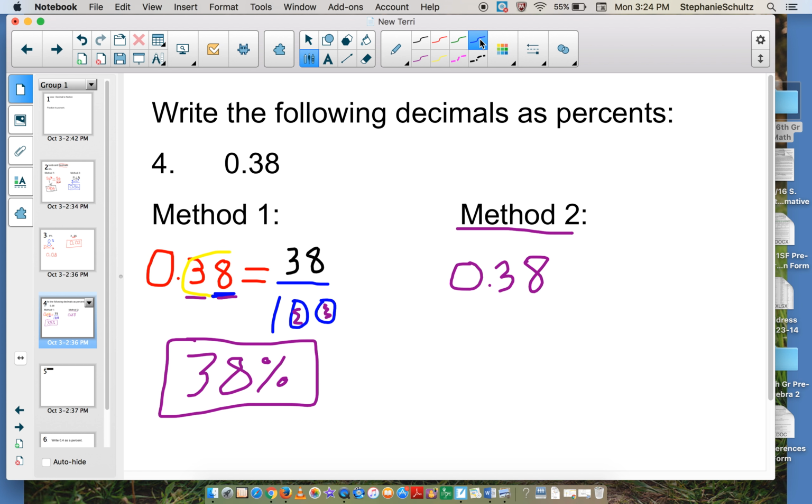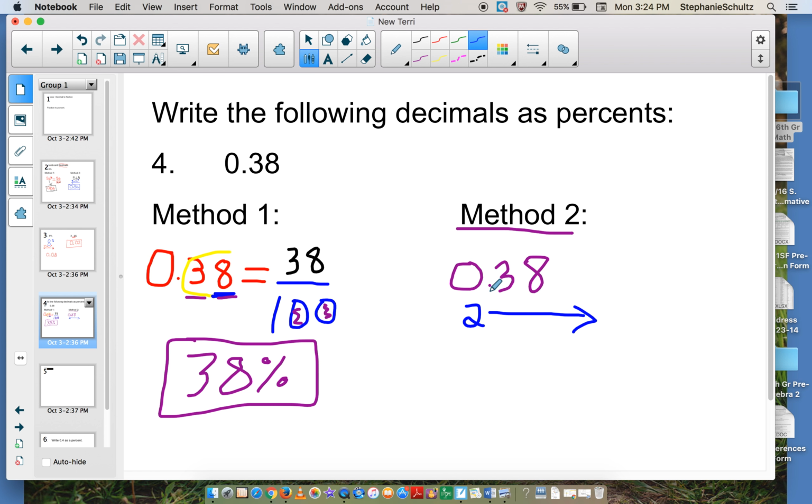Well, when we're trying to make a decimal into a percent, it's like multiplying it by 100, okay? And if we multiply by 100, our decimal moves over 2 spots, but this time to the right 2 spots.